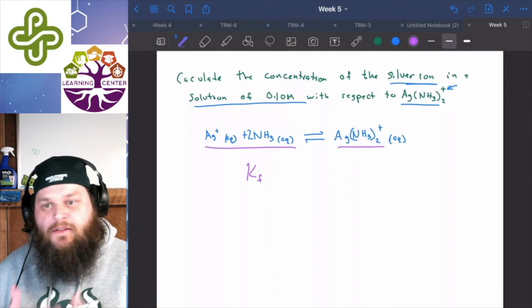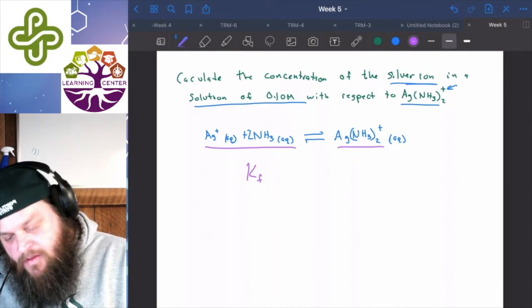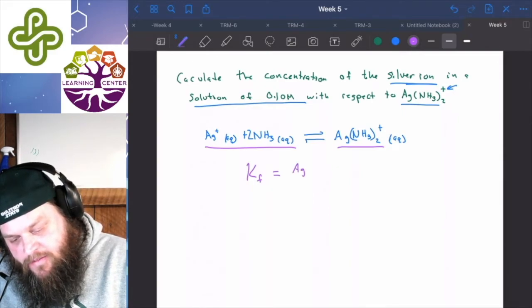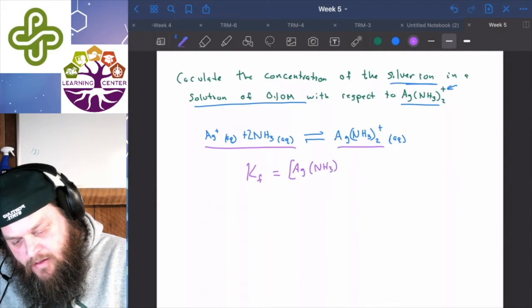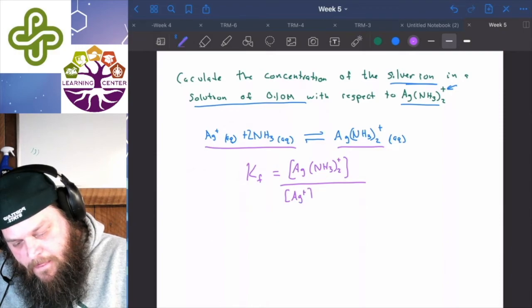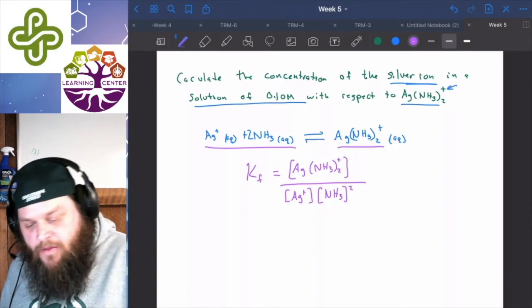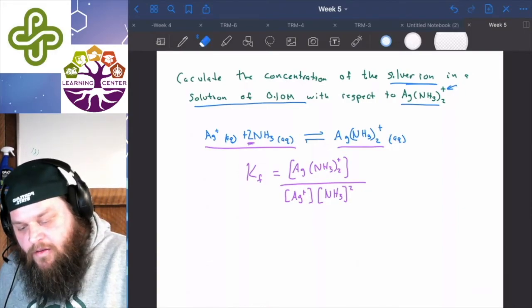The product is this complex formation, which is going to be equal to the products, Ag(NH3)2 plus, divided by the concentration of the reactants squared. You got to square it because we had a stoichiometric coefficient there of 2.